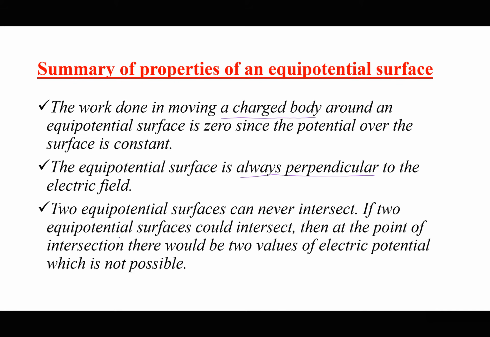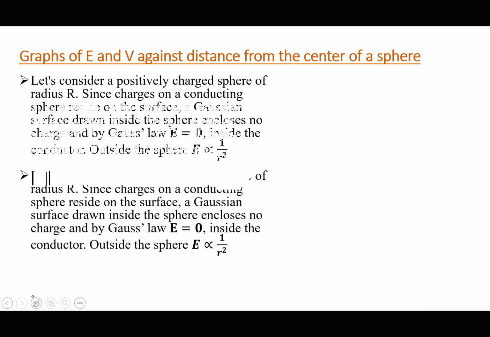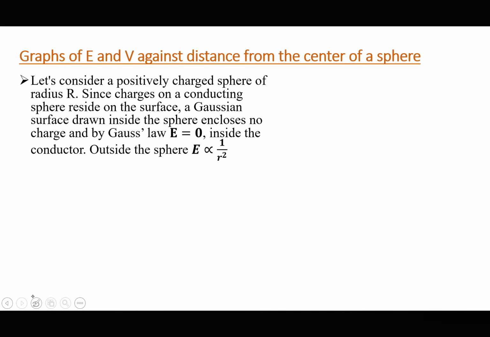So having seen all that, we can have a conclusion by looking at the graphs of electric field strength and potential against distance from the center. Let us consider a positively charged sphere of radius r.